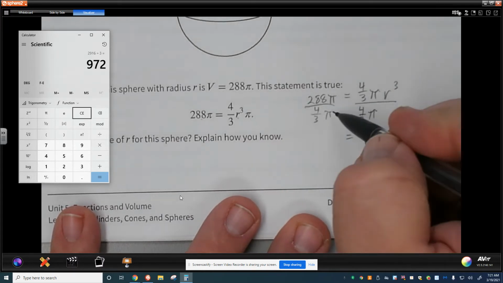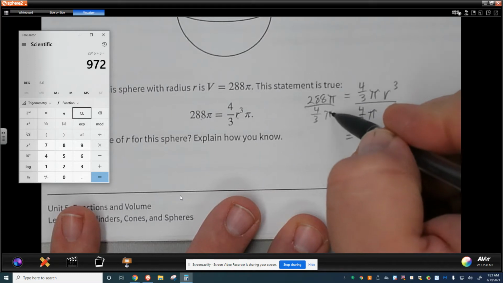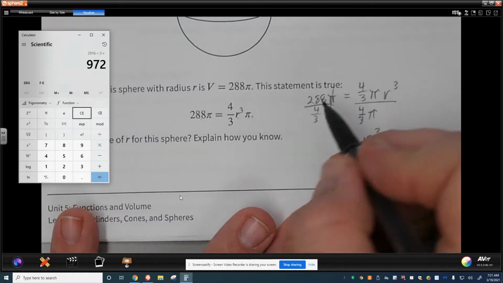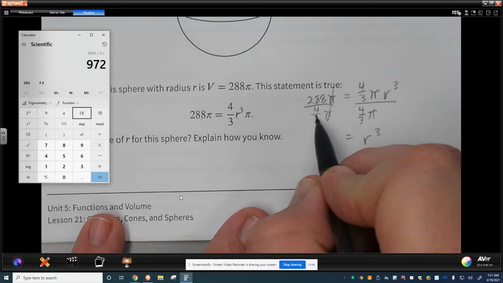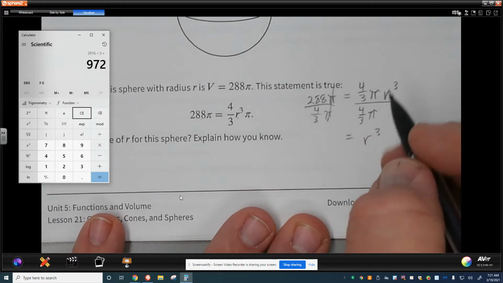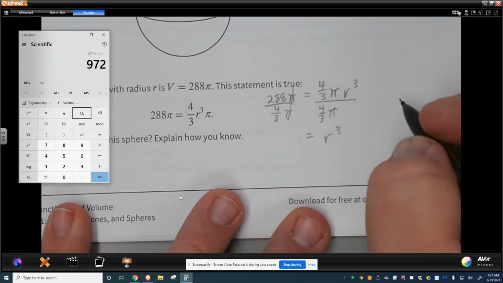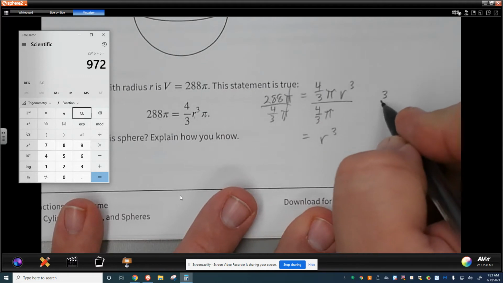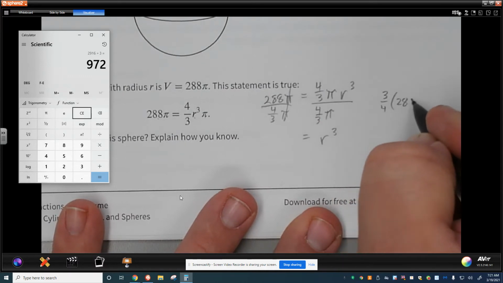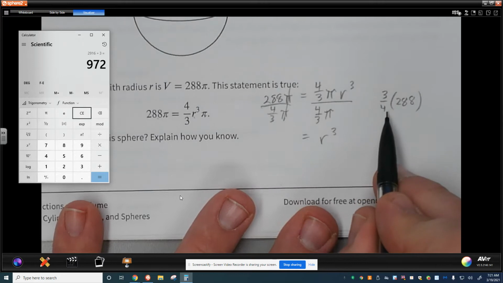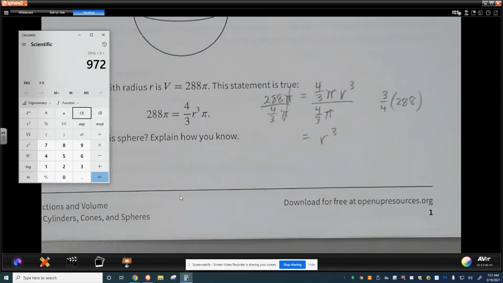And you'll notice that we're into this part again where we can take pi divided by pi as 1. That's eliminated. And dividing by a fraction is the same as multiplying by the reciprocal. So for me, I find it easier to take my value and multiply it by the reciprocal, 3/4, rather than do division by 4/3. It is the same outcome.